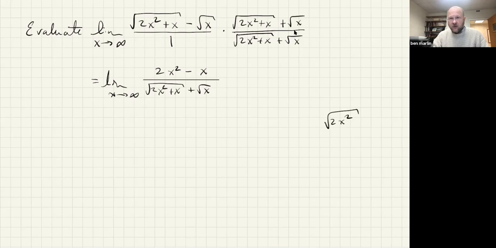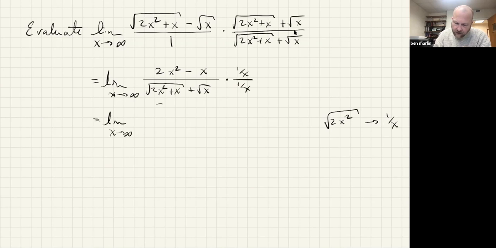But since it's the square root of 2x squared, we're going to think about instead multiplying top and bottom by 1 over x. So then I'm going to say times 1 over x and 1 over x, limit x is going to infinity.